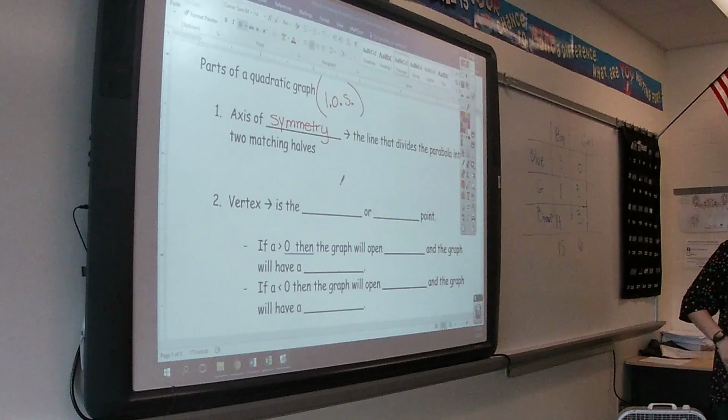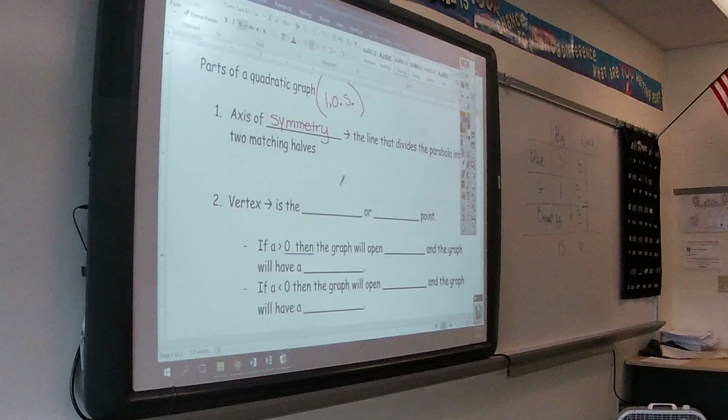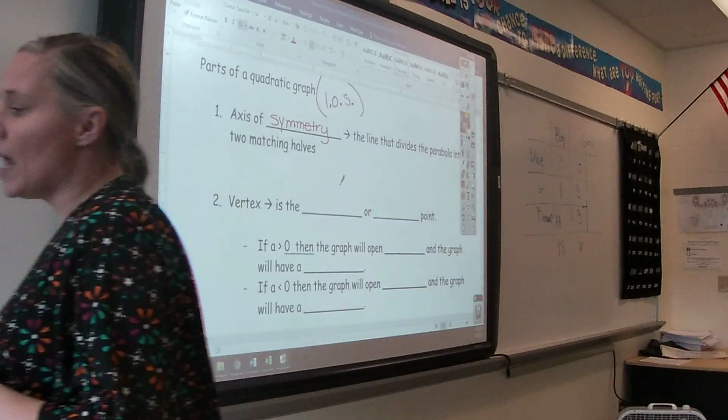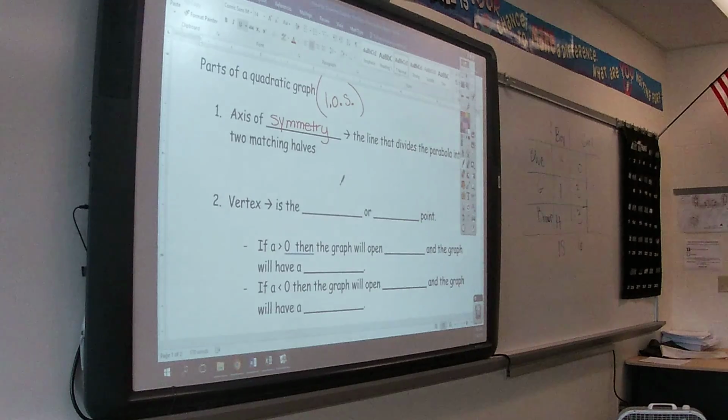Now, whether you remember this or not, you've been finding an axis of symmetry since like 4th grade. Your teacher maybe didn't use that word exactly, but you would take figures like squares or circles and you would have to draw a line that divided it exactly in half.